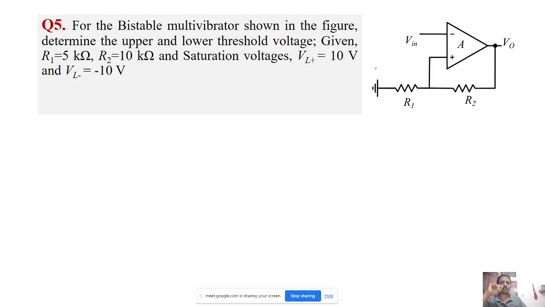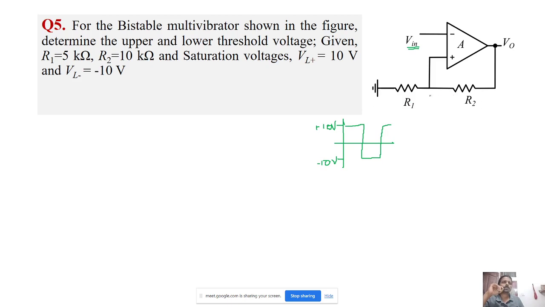This is a bistable multivibrator, so the output will be in one of the stable states, either the saturation voltage plus 10 or minus 10. We have to find at what input voltage the output changes from plus 10 to minus 10, or minus 10 to plus 10.